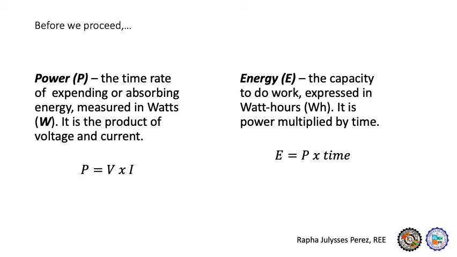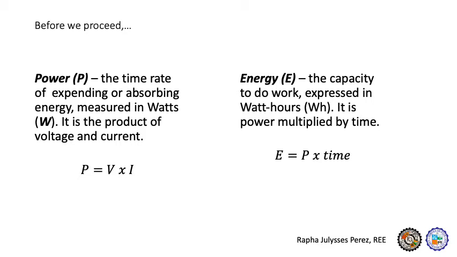The next thing that I would like to discuss is energy. Energy is the capacity to do work, and this is expressed in watt-hours. Energy is something that your kilowatt-hour meter is measuring. Energy is basically power multiplied by time. It is not enough that we just consider power when we look at our electricity consumption; we need to look at energy as well, because that's how we pay for our electricity bills, for example.